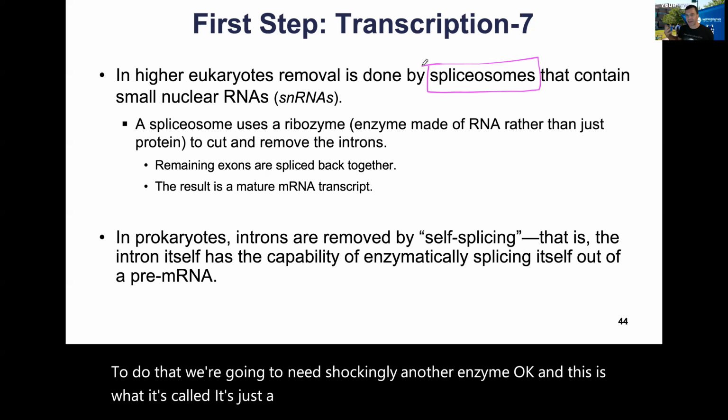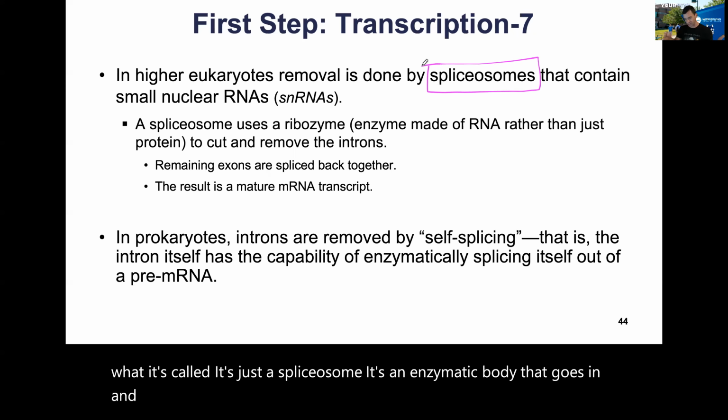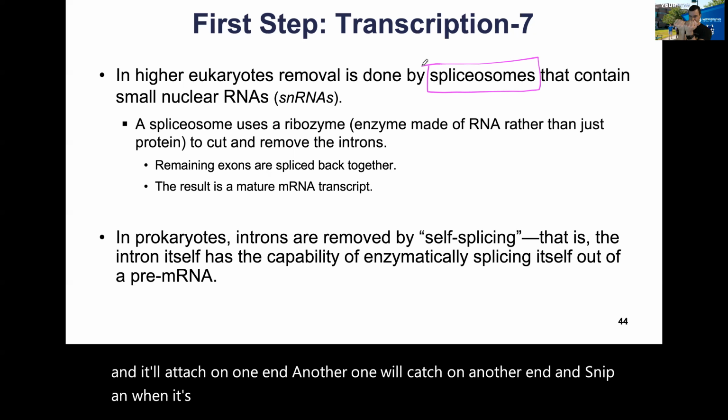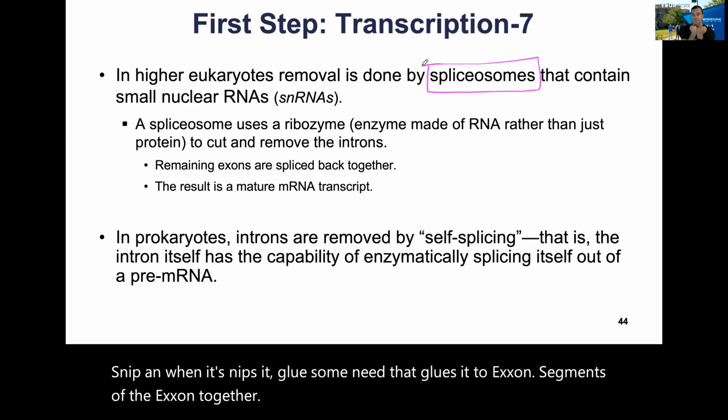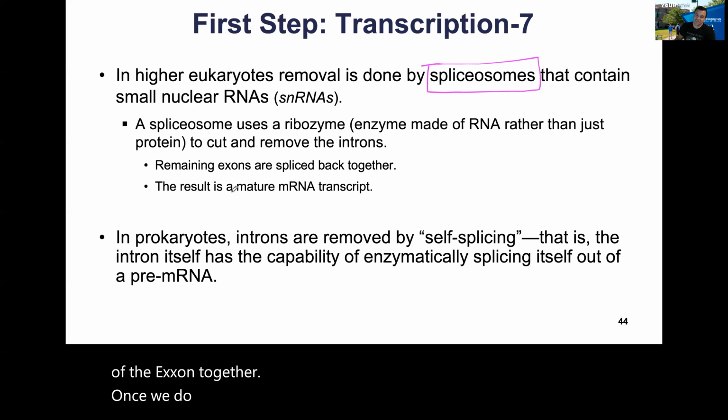It's an enzymatic body that goes in and will attach on one end, another one will attach on another end, and snip. When it snips, it glues the two exon segments together. Once we do that, ta-da! Now we have our mature RNA transcript.